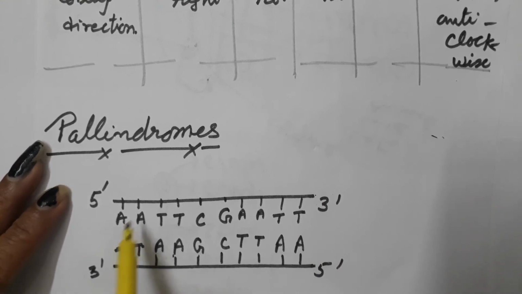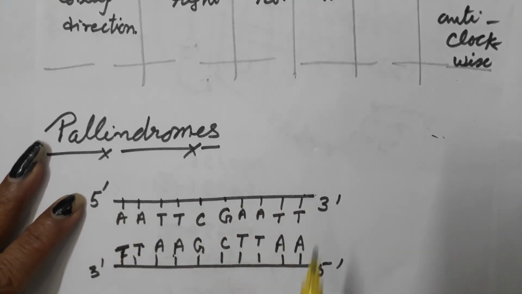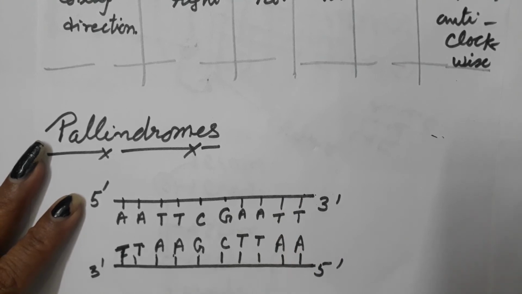Whether we read in the 5' direction on one strand, and on the other strand we also read in the 5' direction, it comes the same. Either we read in the forward direction or backward direction, the sequence of nitrogenous bases remains the same. This is known as the palindrome sequence.